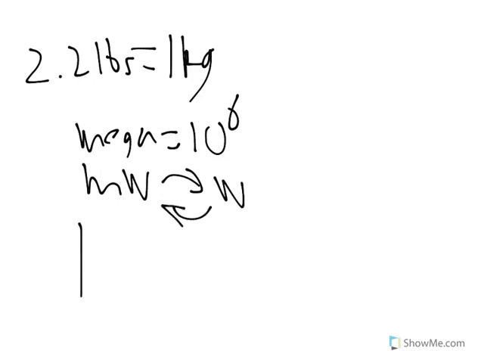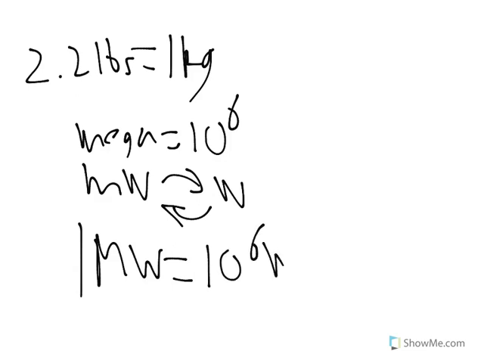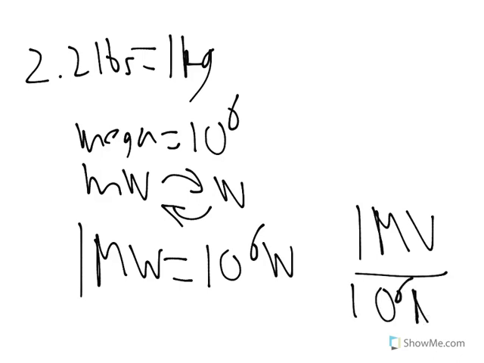You just say 1 megawatt is 10 to the 6th watts. So 1 megawatt over 1 million watts equals 1. It's really that simple.